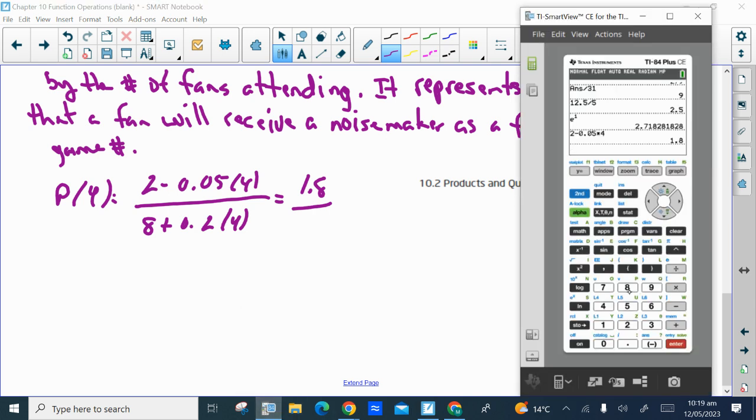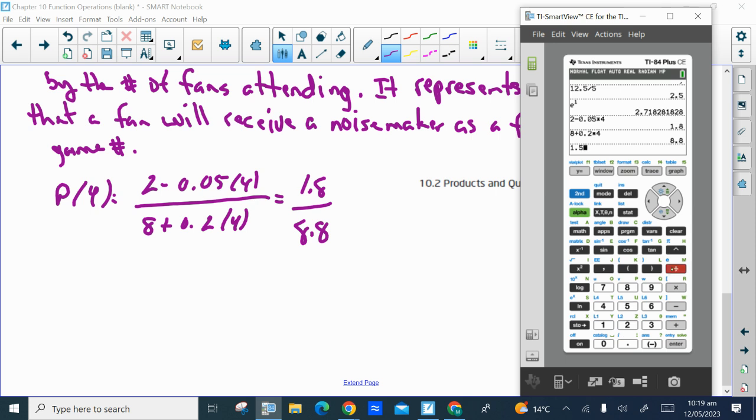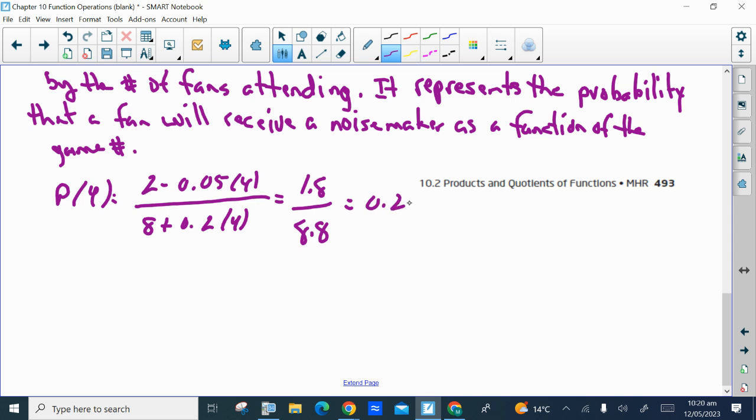The denominator will be 8 plus 0.2 times 4. That'll be 8.8. And when we divide these, 1.8 divided by 8.8 gives us 0.2045 repeating. So approximately 20.5% is the probability that a fan attending game 4 would receive one of these noisemakers.